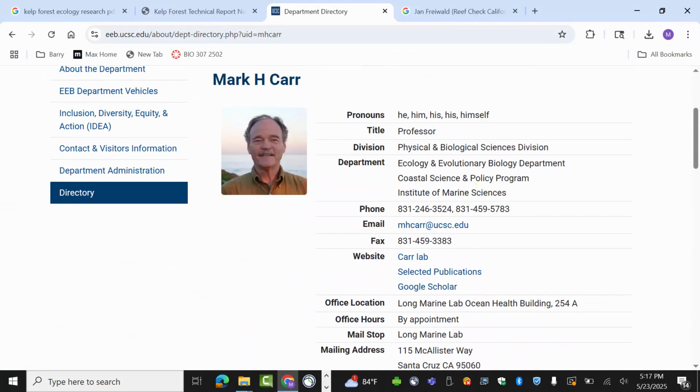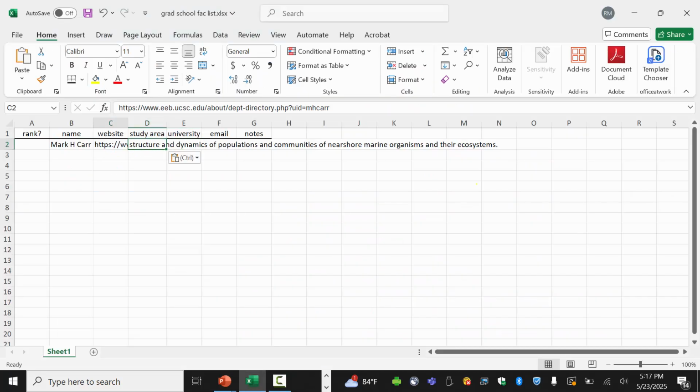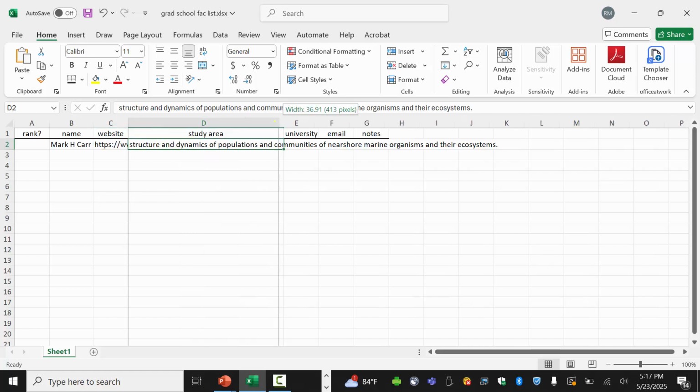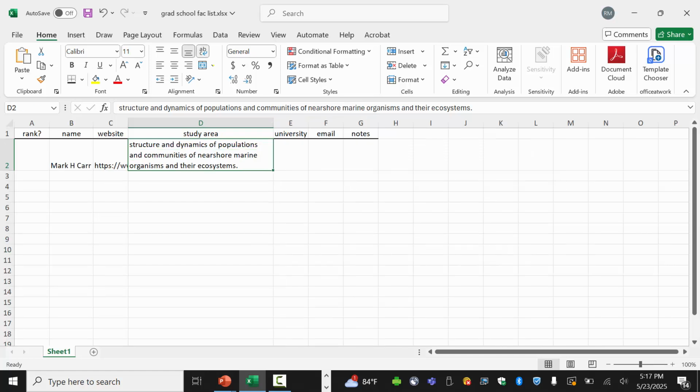University. Now at this point, you might say this is enough information for me. I've got his name, I have his website that I can go back to later, and I have the study area. Now, if you want to be able to read that, you might want to hit this little thing up here and word wrap it so you can read the entire thing. That's nice. Okay.